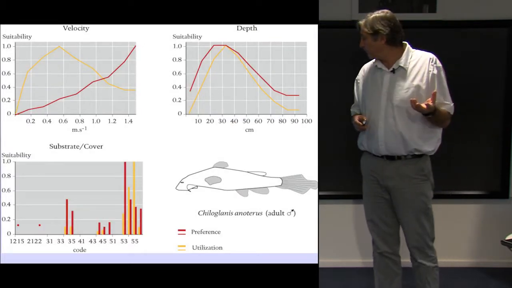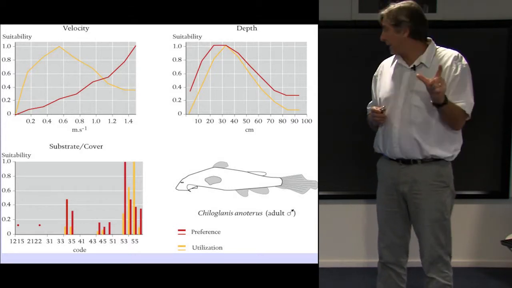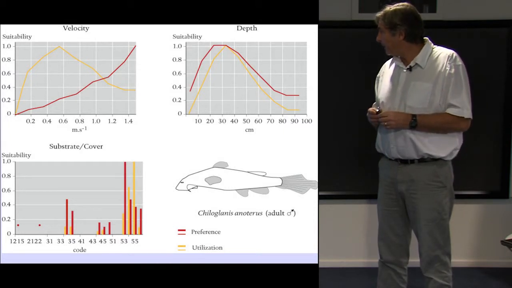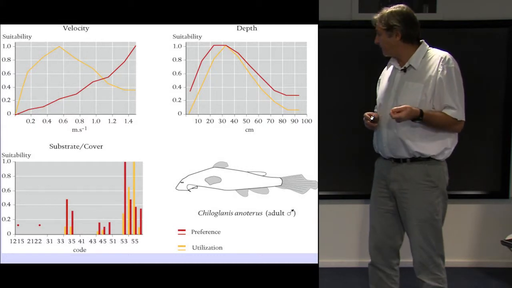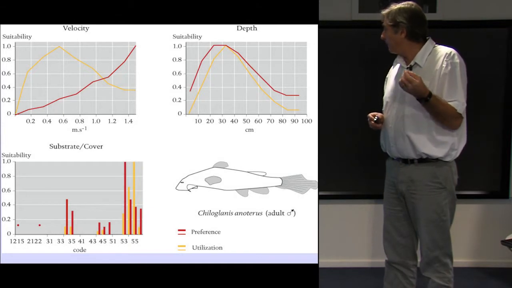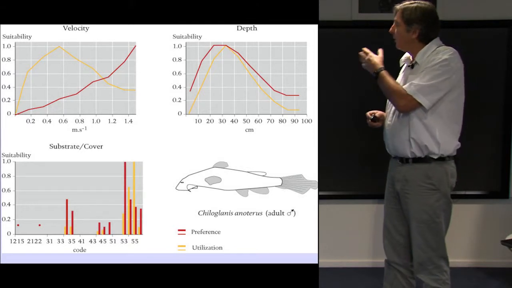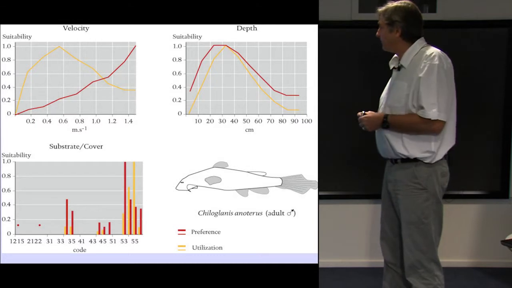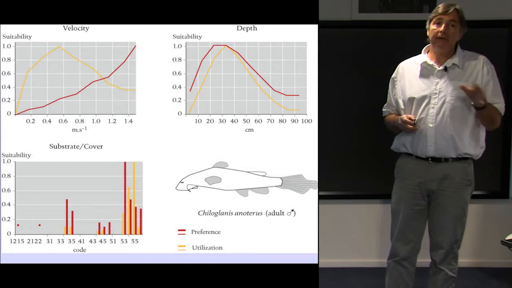Here's an example fish, Chiloglanis anoterus, which is a little rock catlet, only about that size, but very, very flow dependent. These graphs just show the characterization of the utilized habitat in yellow and the preferred habitat in red, so that you can see in terms of this species, the faster the velocity, the more they like it, but they like shallow depths, and the substrate cover codes indicate that they like gravel and cobble.